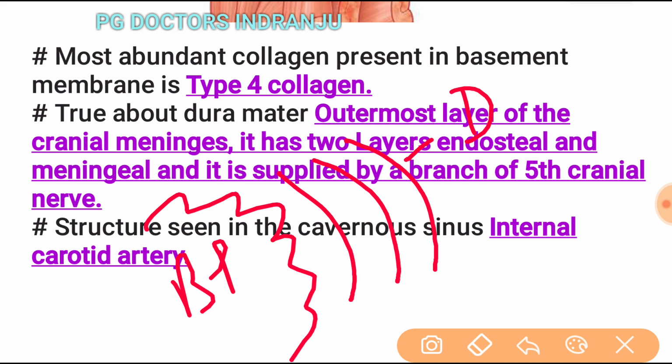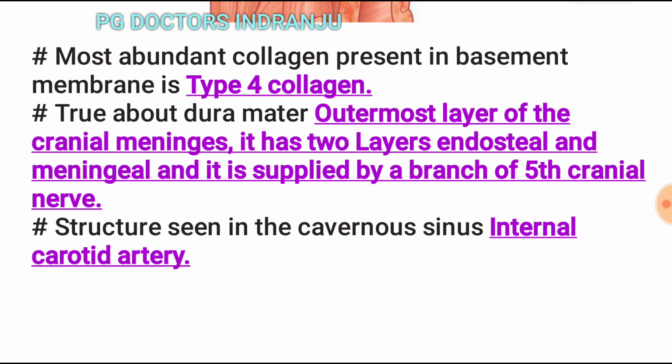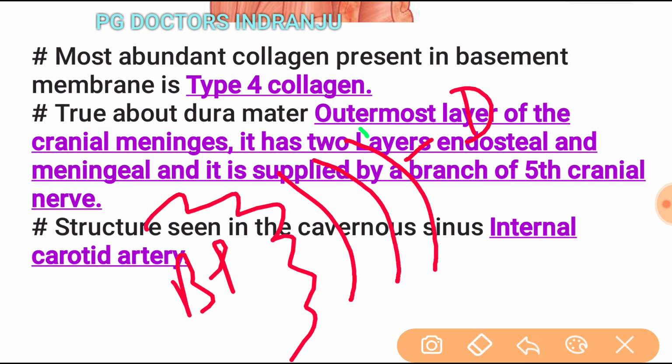In the brain, the meningeal layer, the outermost layer, has one inner layer and one outer layer. The outer layer is attached to the bone and known as the endosteal layer or osseous layer.